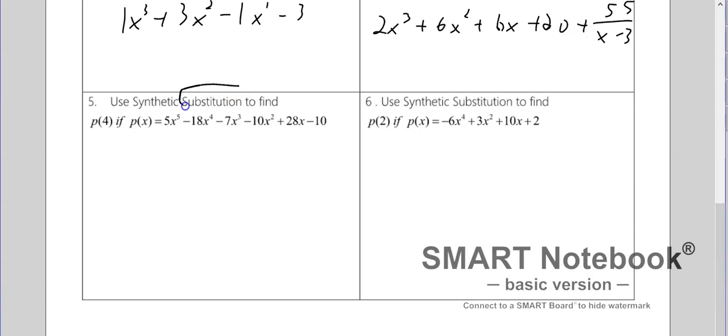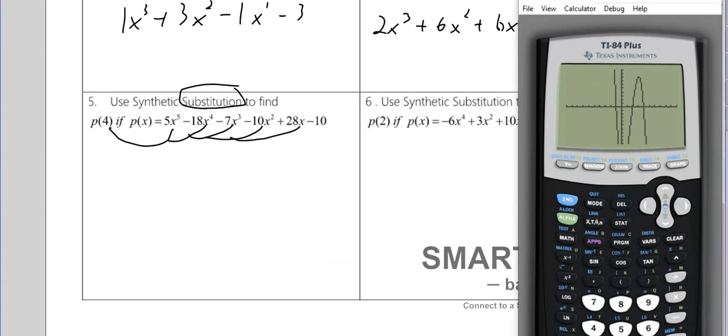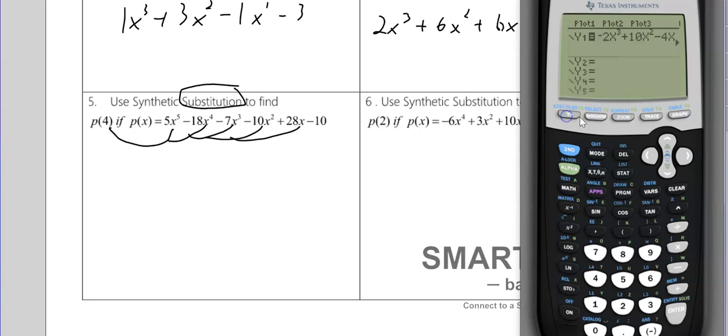Pay attention to the instructions. Substitution means you're just plugging a 4 in here, here, here, here, and here. So I'm going to use my calculator for that. I'm going to come here, and I'm going to clear this out. You could also use Desmos.